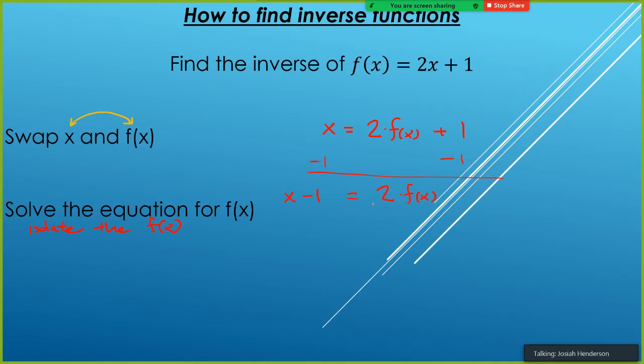And now how do we undo timesing of 2? Divide by 2. So divide by 2 on the left and right. And now we've done it. f of x inverse is equal to this function, x minus 1 over 2.